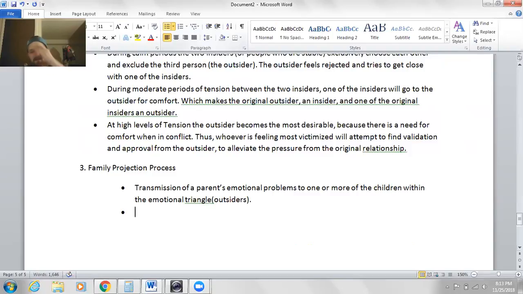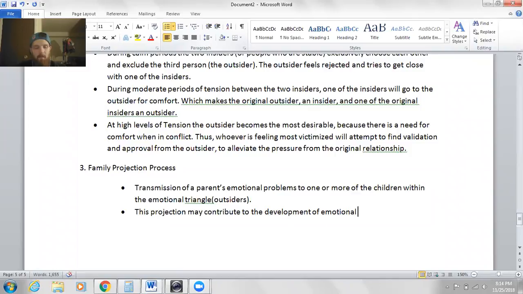So anyone that's not in the original in group is considered an outsider. Insiders, anyone. So this projection may contribute to the development of emotional disturbance or problems.